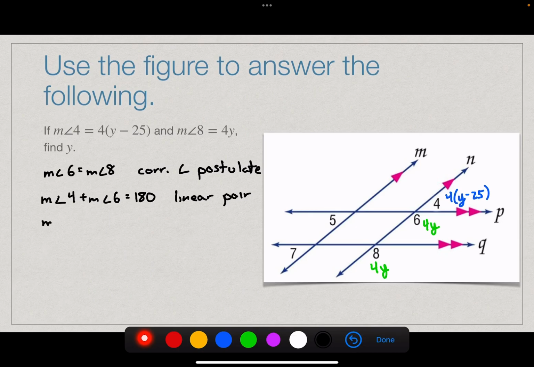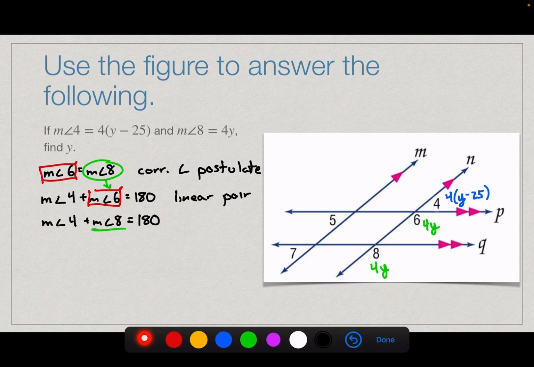And therefore, the measurement of angle 4 plus the measurement of angle 8 equals 180. As you can see, what I did here was I said, we have this 6, we have this 6, and I took this and I just substituted it in. So now I have that.